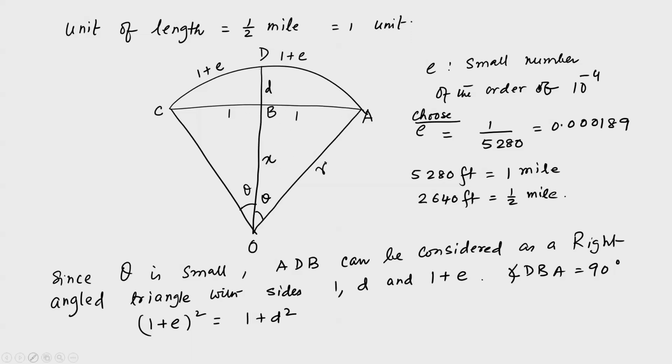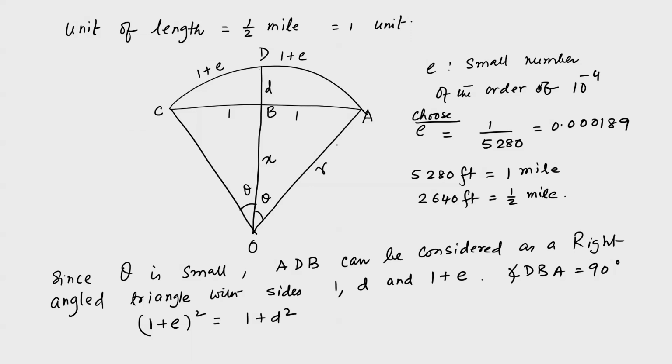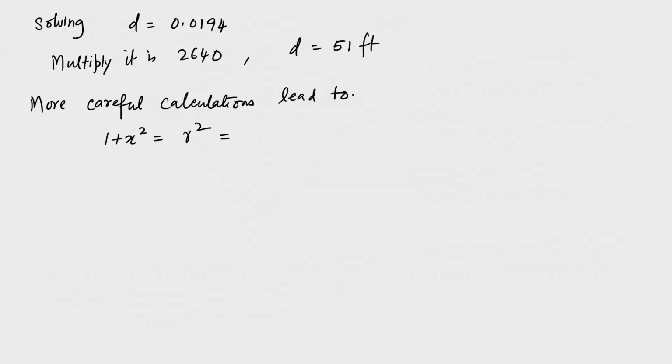So, it is 1 plus x squared equal to r squared, which is nothing but equal to x plus d whole squared, because the angle theta is small. So, r and x plus d are nearly the same. So, we can put this, of course, for small theta.